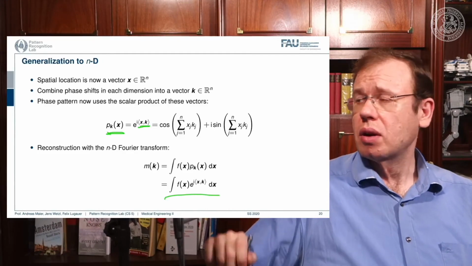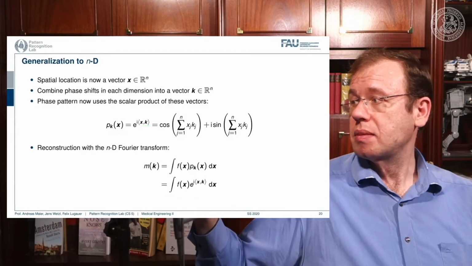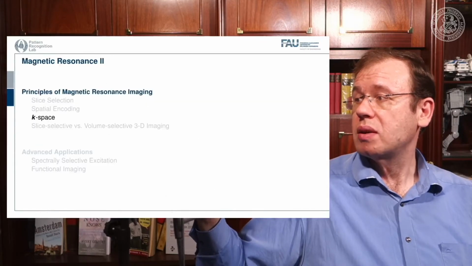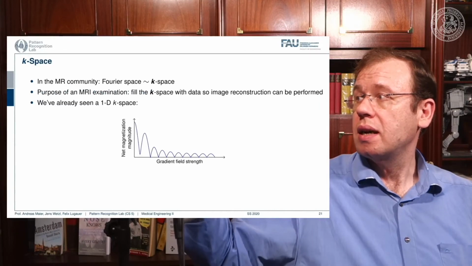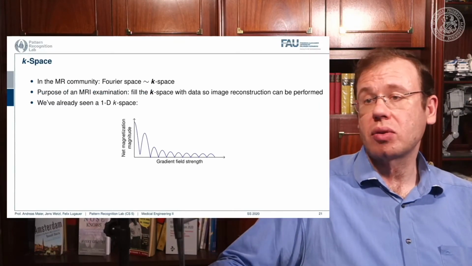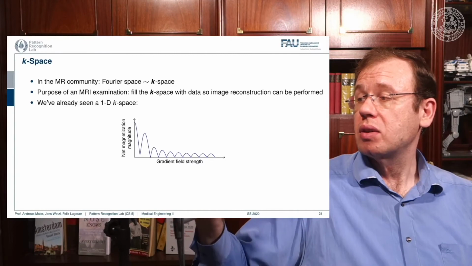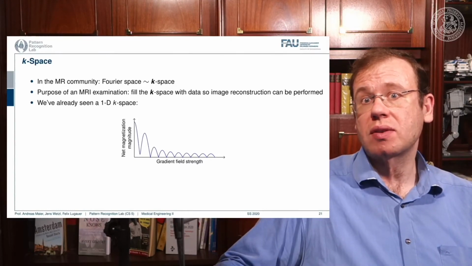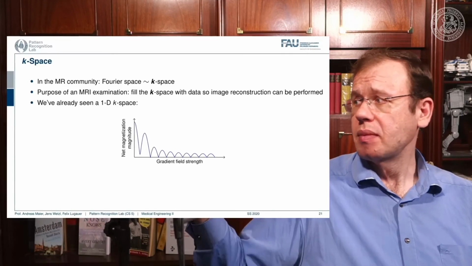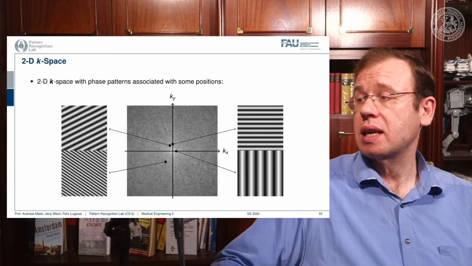Now let's not talk about the n-dimensional case, but let's talk about the so-called k-space. And the k-space is essentially typically a 2D generalization or 3D generalization of that. So this is a 1D k-space here, and this is the 1D Fourier transform of the actual image. And in 2D the whole thing looks like that.